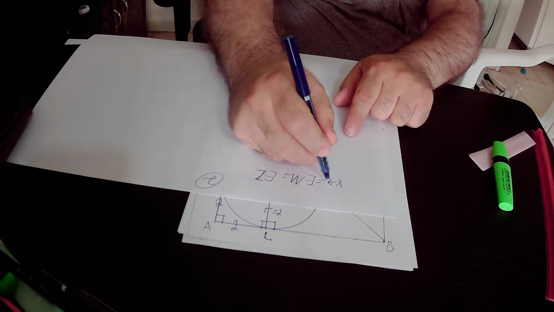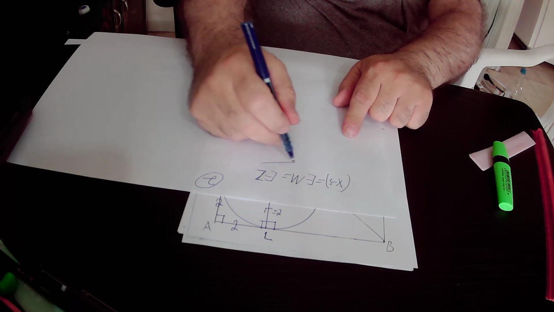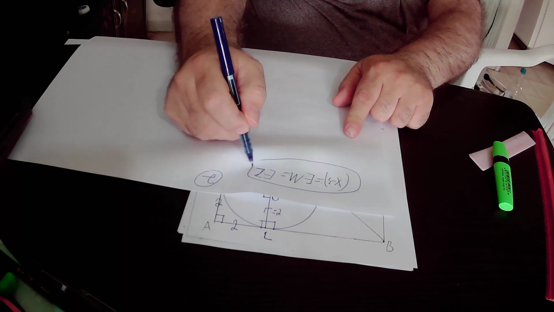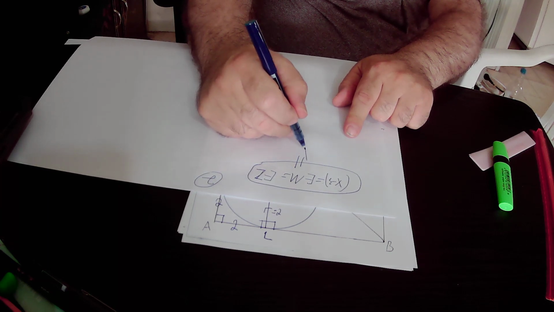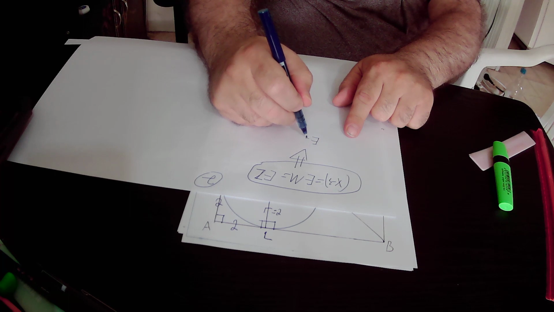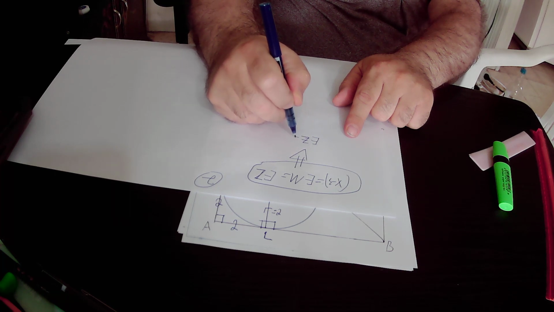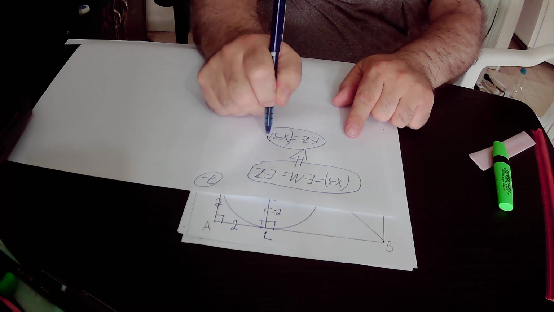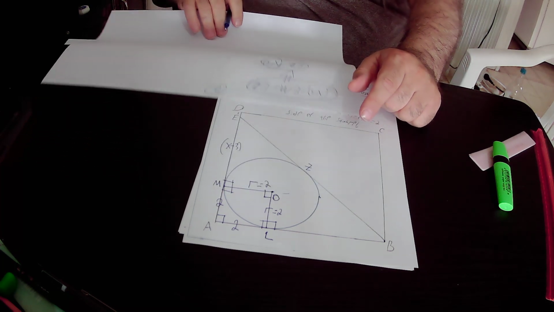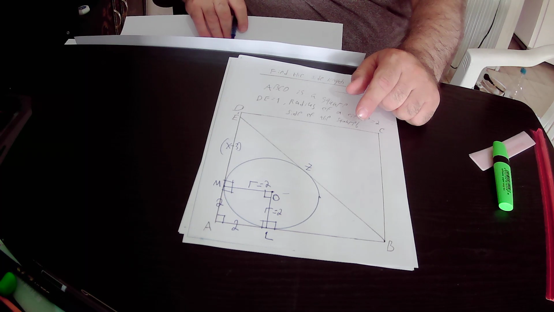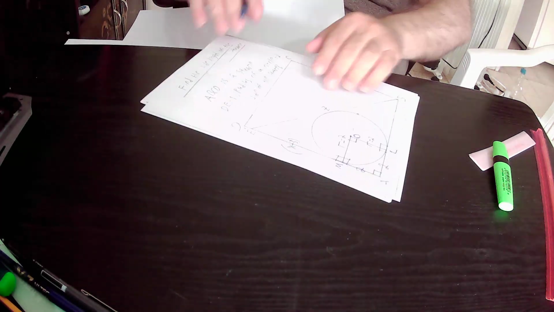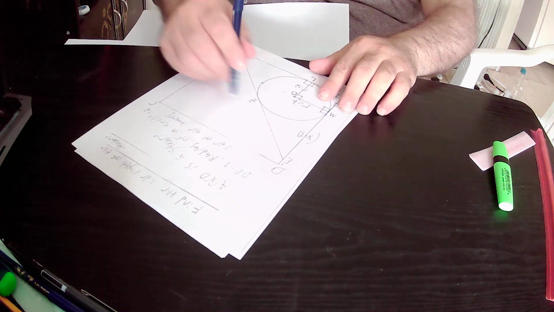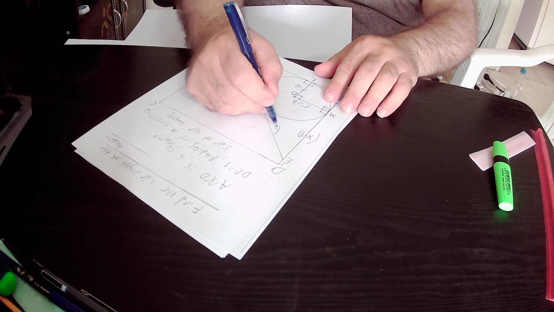From this equation, X minus 3 equals EM equals EZ, we will derive that EZ is also equal to X minus 3. So we can write here that EZ equals X minus 3.